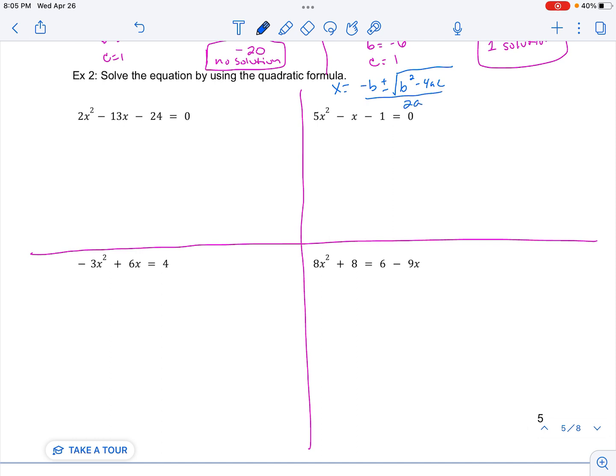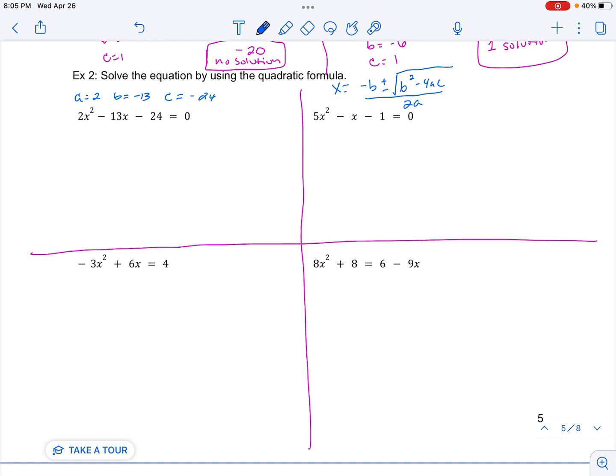It's going to get stuck in your head. Now the simplifying can be challenging. It doesn't have to be, but it can be.